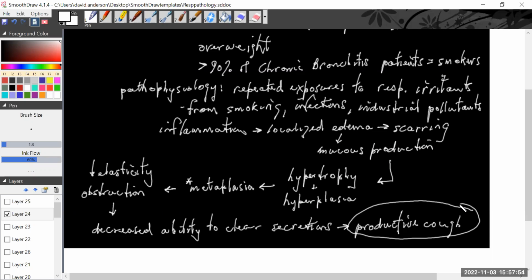So that was that mucociliary clearance function, as well as the strength of the muscles around the respiratory system, reduce the ability to clear those secretions. So they're coughing on a regular basis, particularly when they change position. They go from sitting to standing or lying down to standing, and the reverse, from standing to lying down. The cough is often going to be a little more productive during those times, those changes of position.